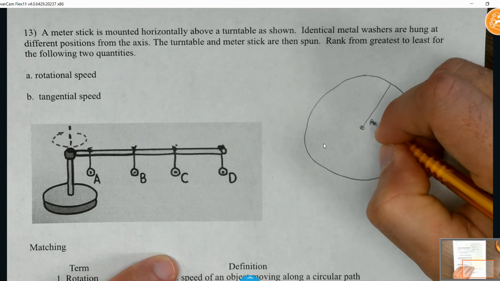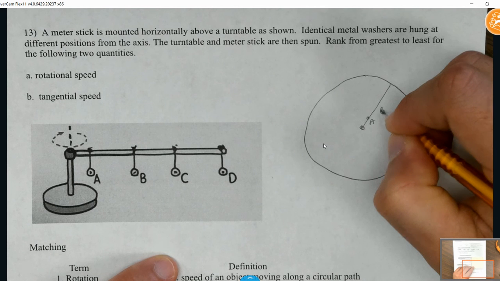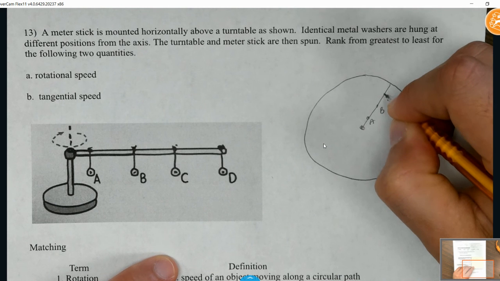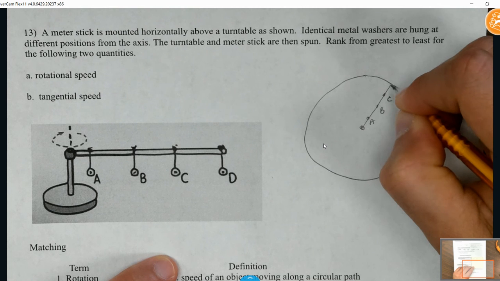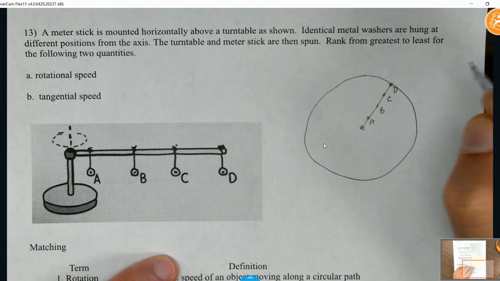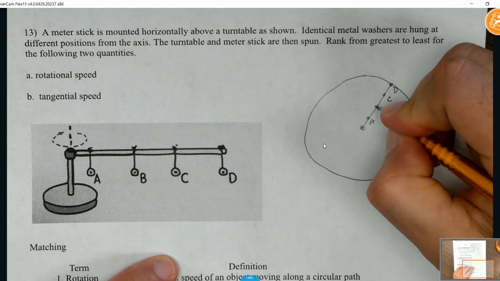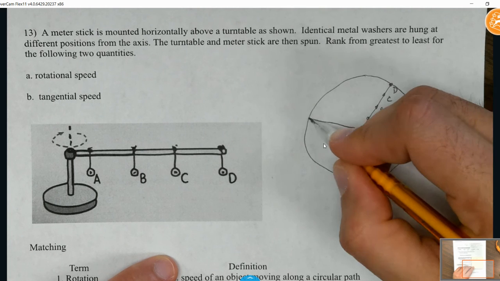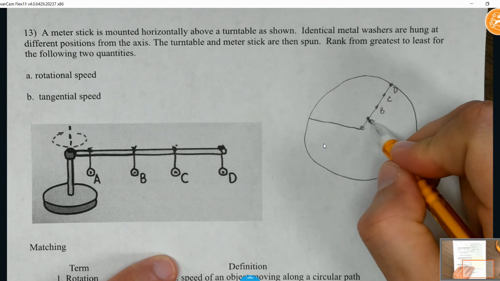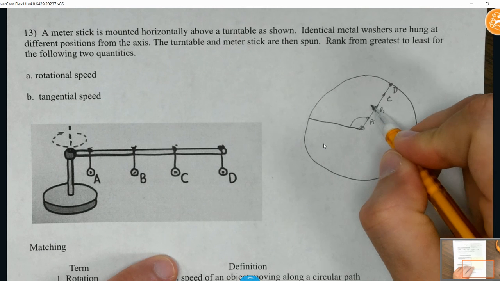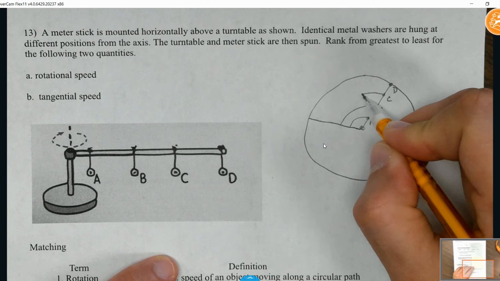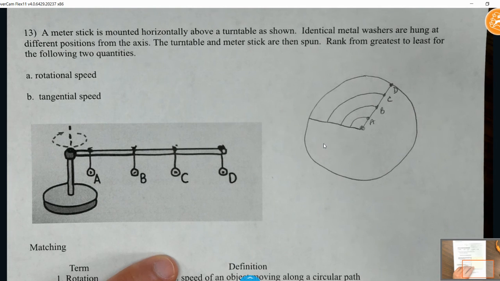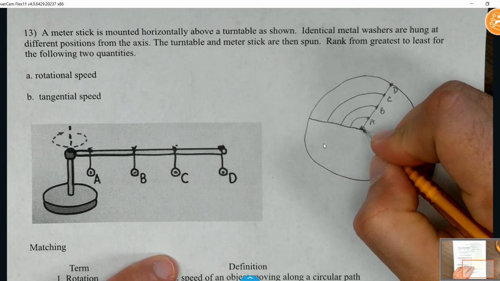Okay, so we have A, B, C, and D. And I'm only going to show this little sliver here, as this thing is getting rotated around. Sorry for not the greatest drawing, but hopefully you get the idea.